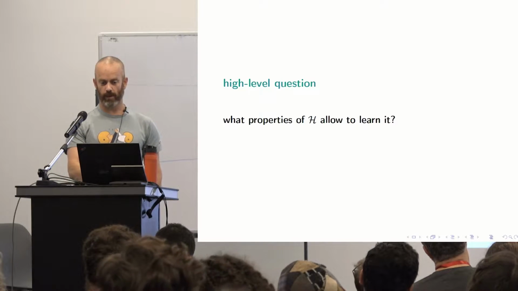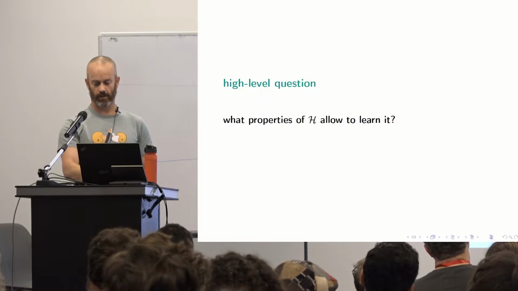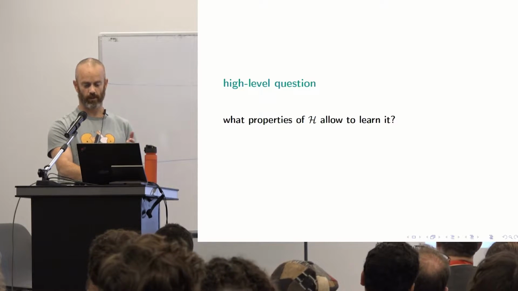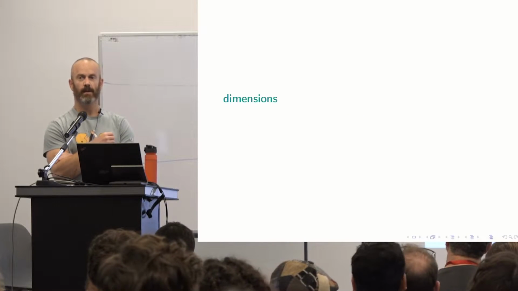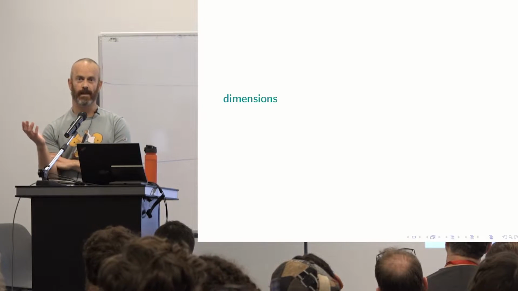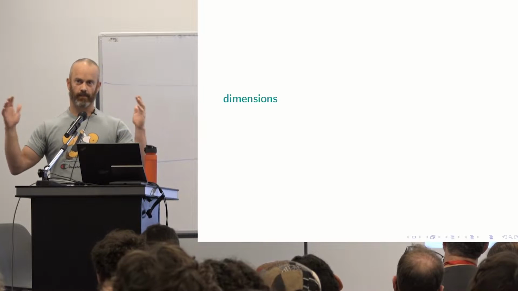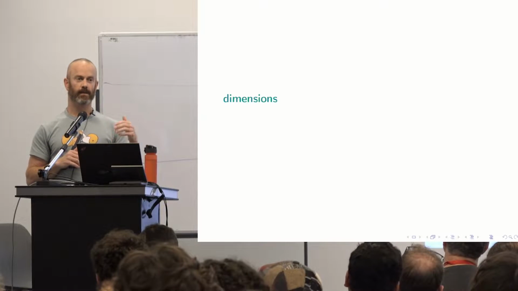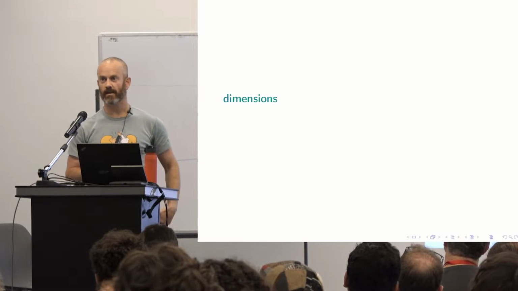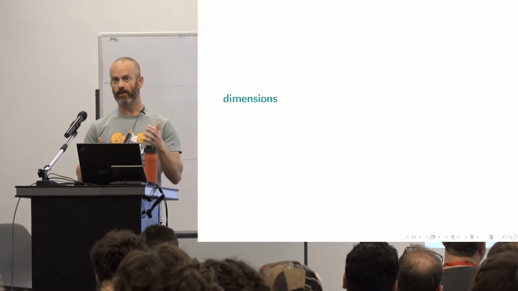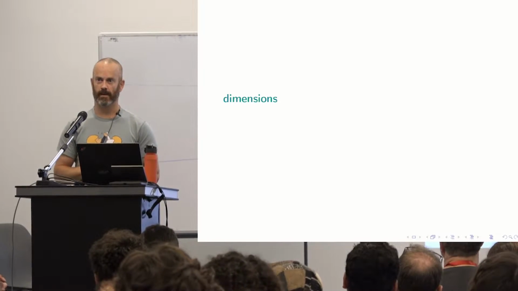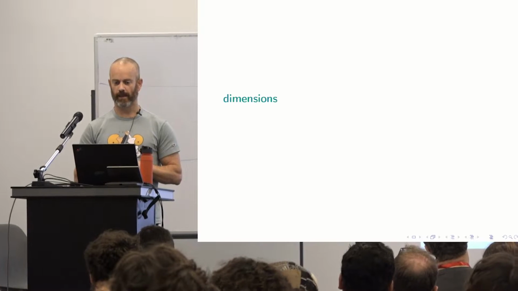And the way we are going to answer this question, I'm going to tell you one way to try to answer this, is using dimensions. So there is a rich theory of defining dimensions for such concept classes. And I will tell you a bit about this idea, this mechanism.